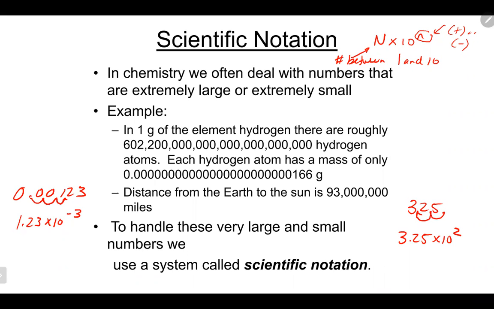So sometimes you may be forced to do it. When we do write a number in scientific notation, all the numbers that come before the times 10 part are significant.